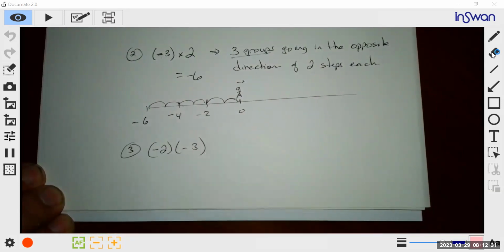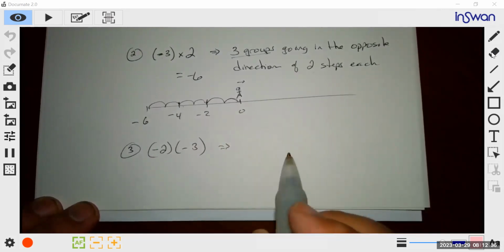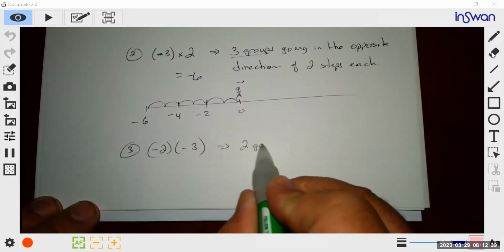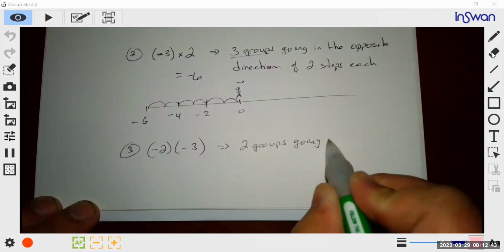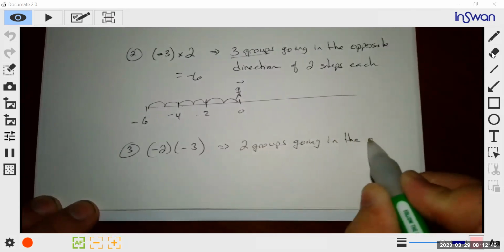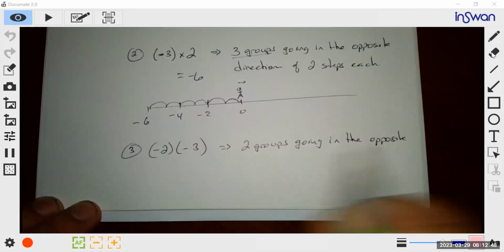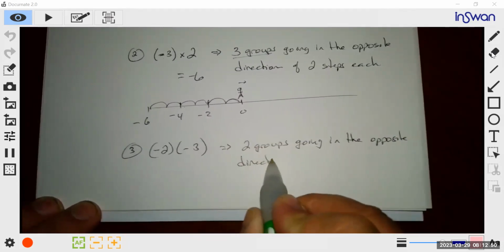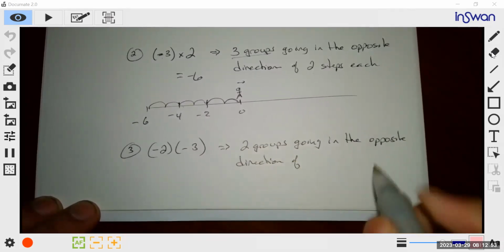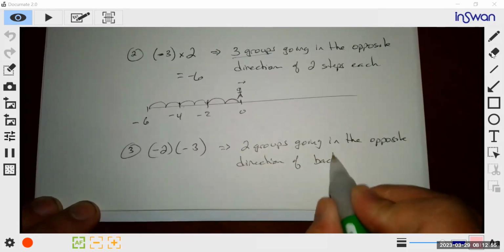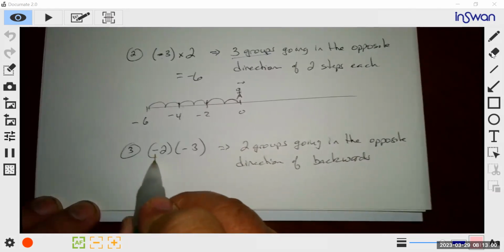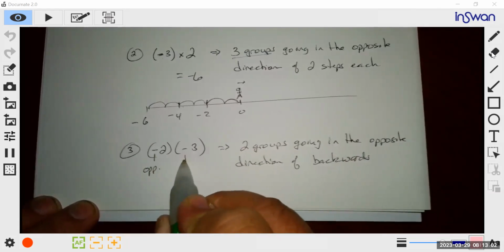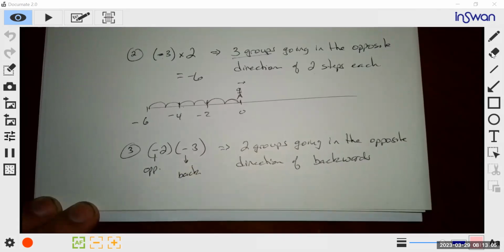-2 times -3. We have two groups going in the opposite direction of backwards, because this is opposite direction. This is backwards.